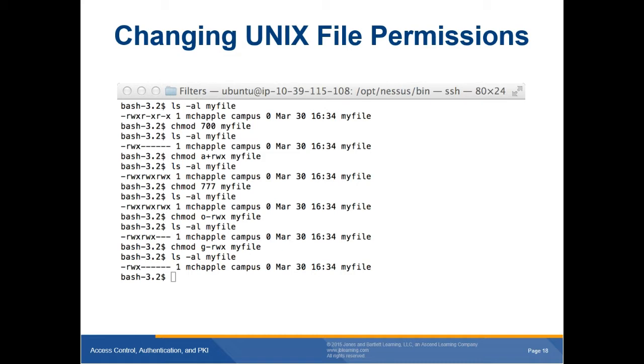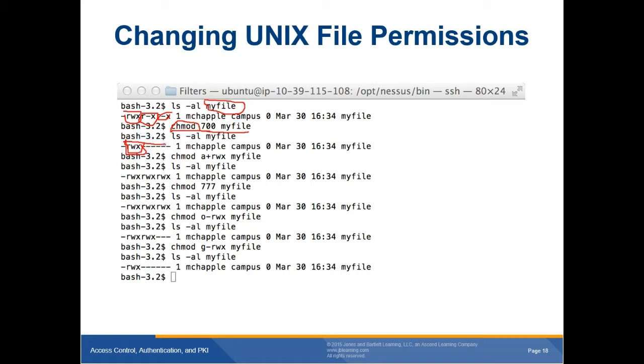So how do we change it? Well, we use something called change mode, which is right here. So we have my file, and you can see we have read, write, execute, so that's a 7. We have this, which makes it a 5, and a 1. Now if I do change mode 700, if you notice what happens, the user has full rights to it.